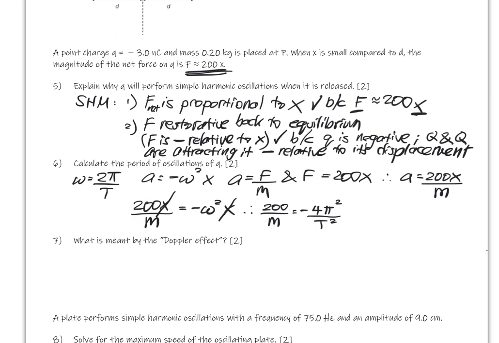The x's cancel. And so for omega, I put in 2 pi over the period. And so I get 200 over m equals negative 4, because 2 squared is 4, pi squared over period squared. And I'm trying to solve for period, so we're getting there.